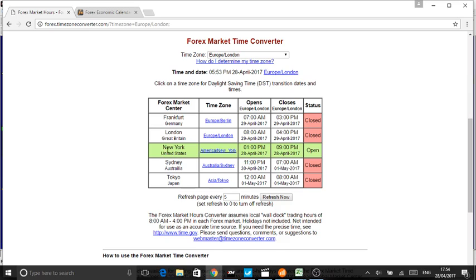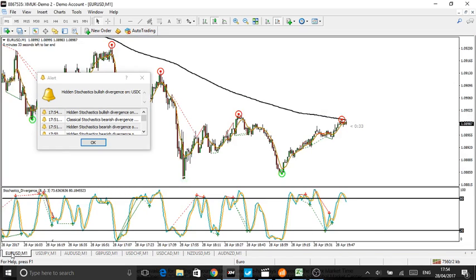You go into this, and you see this is the New York session right now. So you want to go onto your MT4 and only use anything to do with the dollar currency pair. Anything like Euro USD is fine, Euro JPY is fine, NZD USD, anything with the dollar sign.